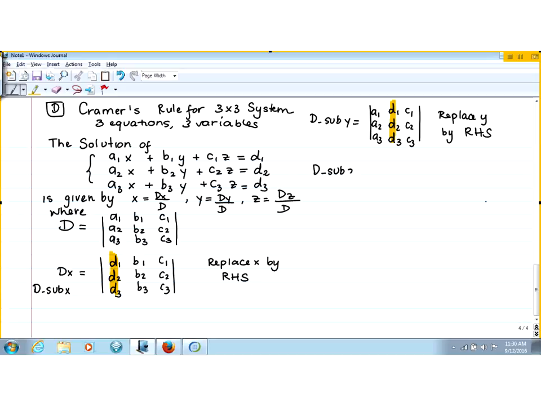Almost done. D sub z. So we're replacing which one? Yeah, the last one. I'm going to put all the D's in last: D1, D2, D3, with A1 and the rest as is. So replace the coefficient of z by the right hand side.